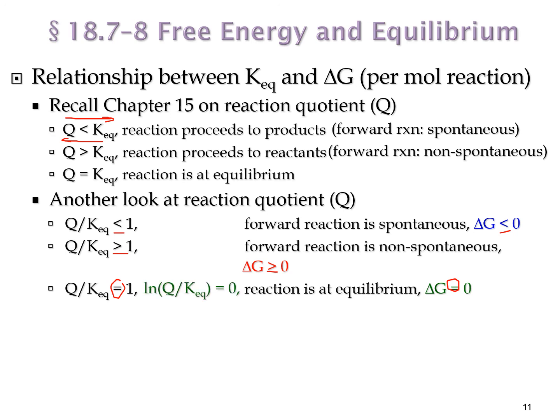You're right, log. So if we take a log of this quotient, log of 1 equals 0. That is good. I'd like to put a circle around the sign, just to let you know it's not greater than or equal or less than or equal.